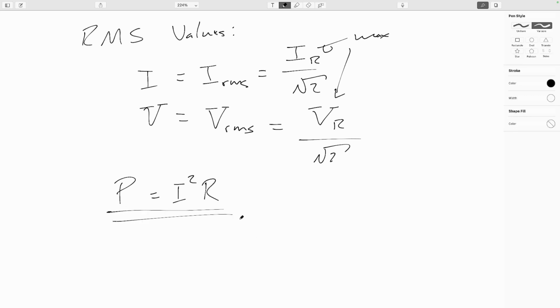But almost everything that you know how to write in DC, you can write in AC if you use the RMS values. So when voltages or currents are specified and it's not said otherwise, then that means the RMS value.